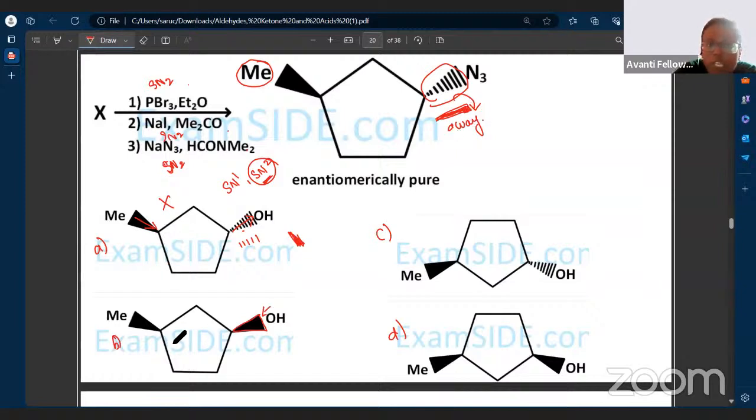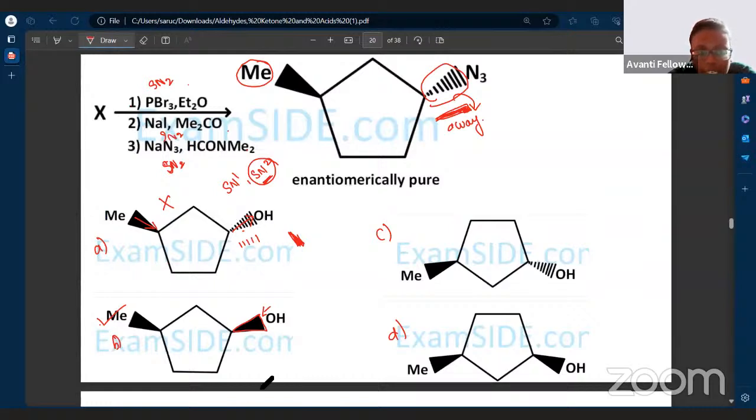In option C it is also towards and away, but see, the ring is tilted. So consider A and B alone. It is a single-answer-correct question only.